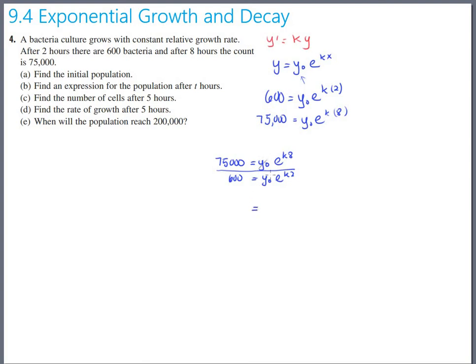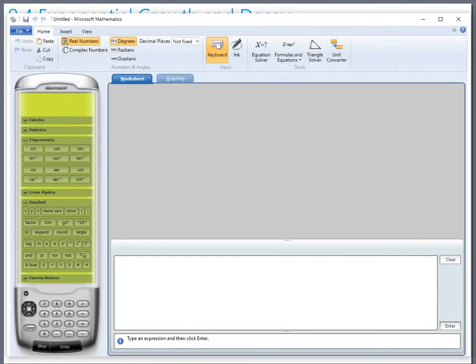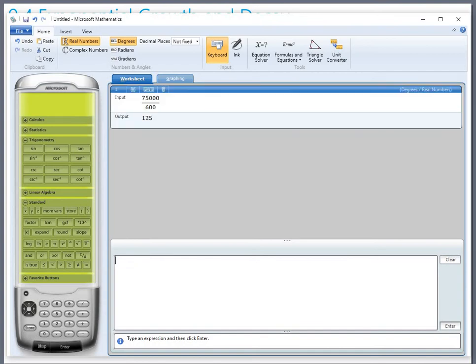So on the right hand side, sorry, the y0's cancel. Keep in mind when you divide exponents with the same base, you subtract their exponents. So 8k minus 2k is 6k. On the other side, 75,000 divided by 600. That's what calculators are for. 75,000 divided by 600 is 125.